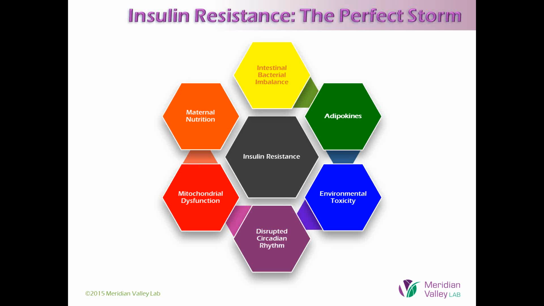That's a subject really not only for its own webinar, but for its own PhD thesis program. And for that matter, any of these could be the subject of a PhD thesis program. So what I'm going to do today is introduce these concepts, get you familiar with them, so that you can be aware when you see patients if these should be in play, you can be looking out for them and in turn take steps to address them.